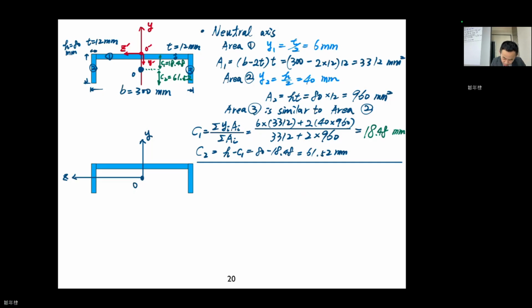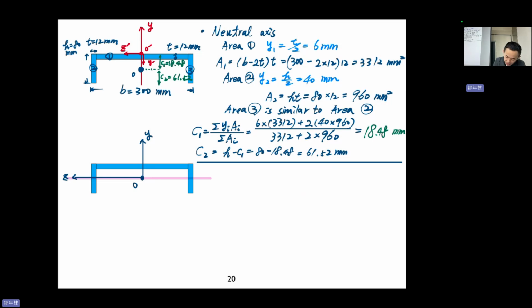Next. So now here is our, sorry. This is our centroid, right? So this is our pink axis. This axis is our bending axis. All right. So we need to determine the moment of inertia of this section.